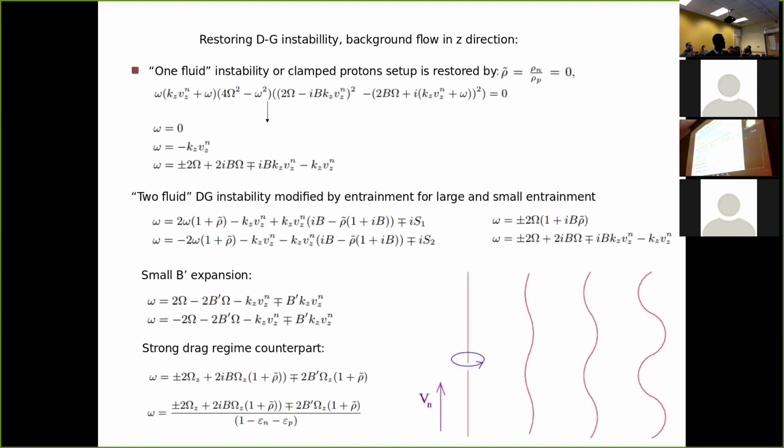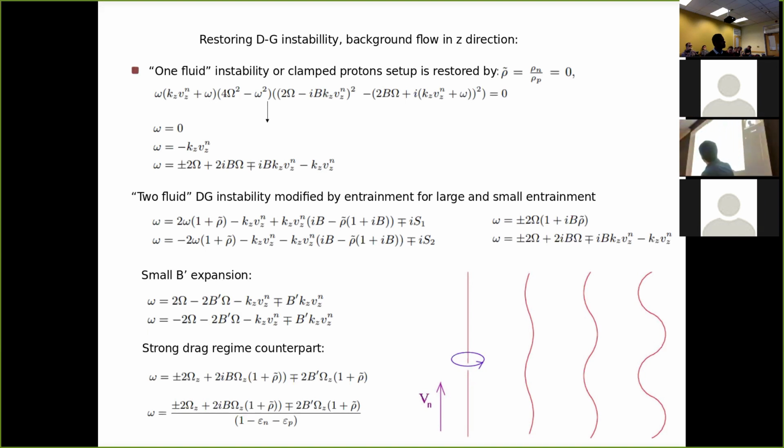Next, we start including the background flow. First, we wanted to restore the Donnelly-Glaberson instability. So the background flow operates in that direction, and here we have two cases, the one fluid case and the two fluid case.